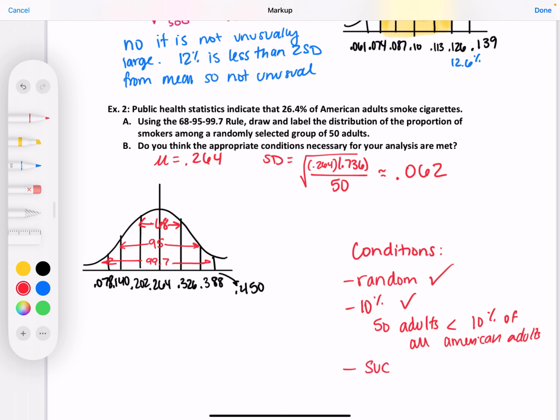Success, failure. So we need np, which is 0.264 times 50. And that's 13.2, which is greater than or equal to 10. So that one is good.